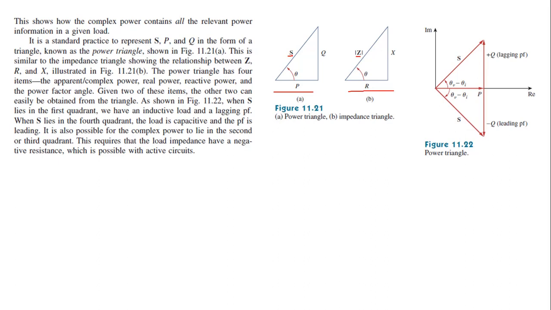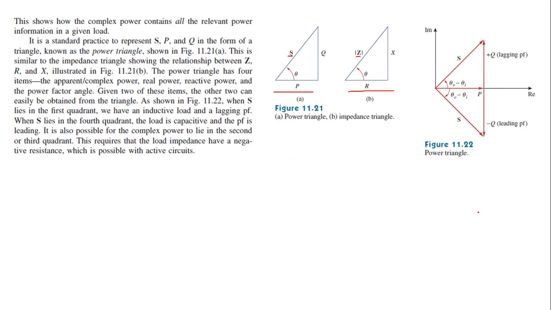So in the power triangle there are 4 quantities associated: real power, reactive power, complex power and the power factor angle. Given any two at a time, we can find the other two parameters.